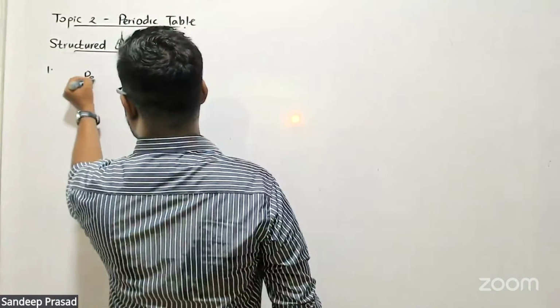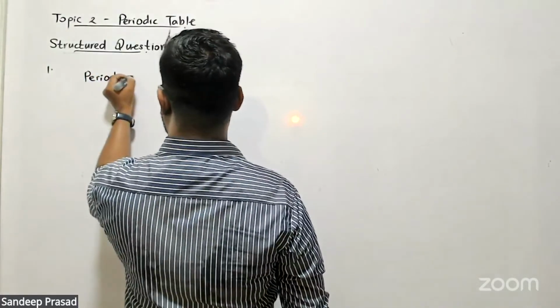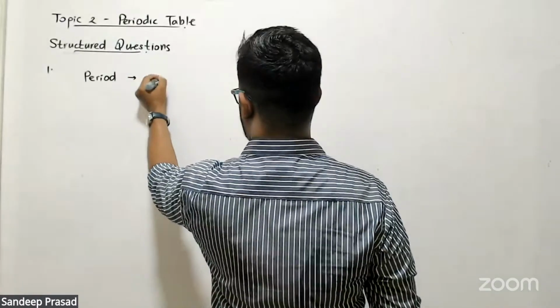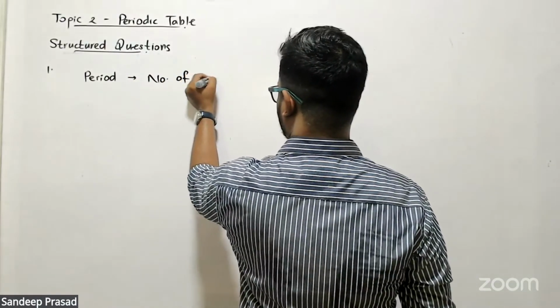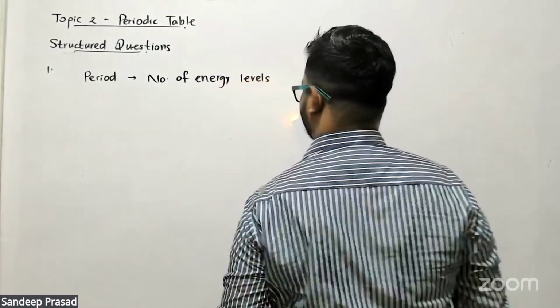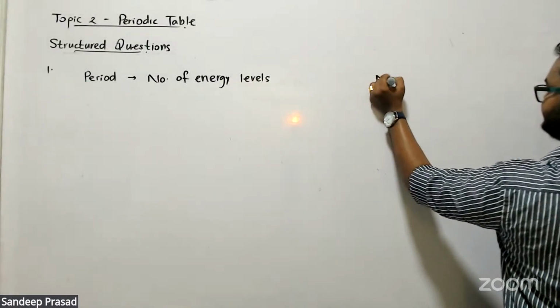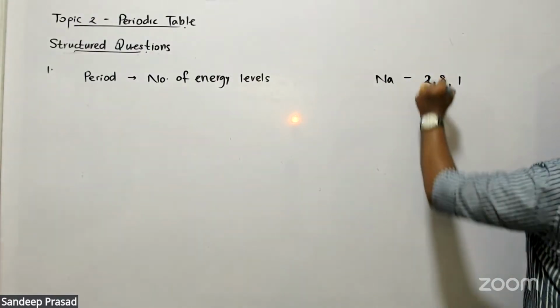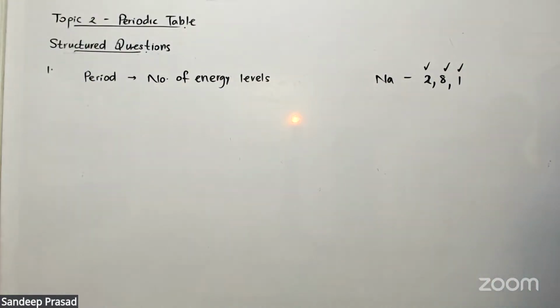First, the period number of the periodic table is representing the number of energy levels, right? Number of energy levels, number of shells. Now look at the electronic configuration of sodium, 2, 8, 1. So that means there are three energy levels, right?